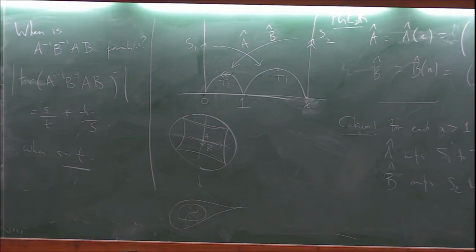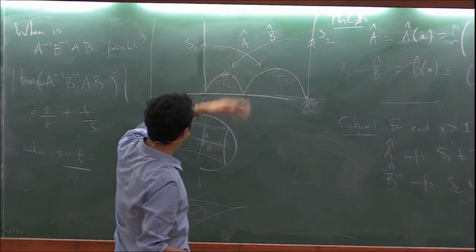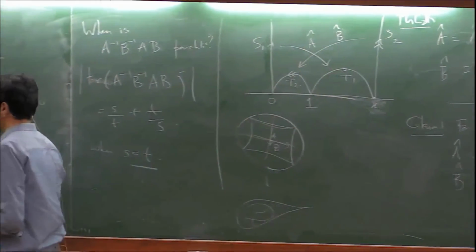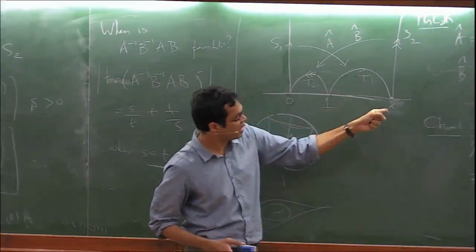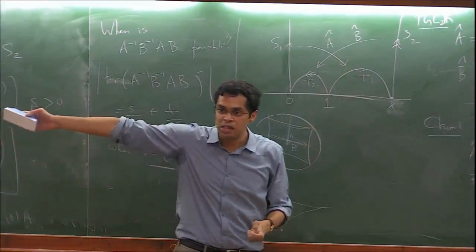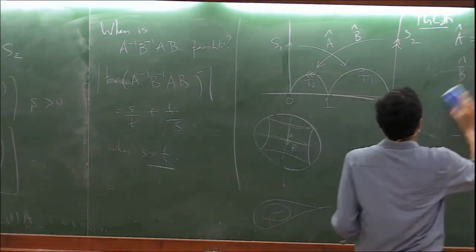So finally, this extra parameter, which is t or s, is the extra parameter that you have in this figure. If you want to build an ideal quadrilateral and pair sides to get a once-punctured torus, you need two parameters. One is x, and the other is this t, which is equal to s, because you want this commutator to be parabolic.